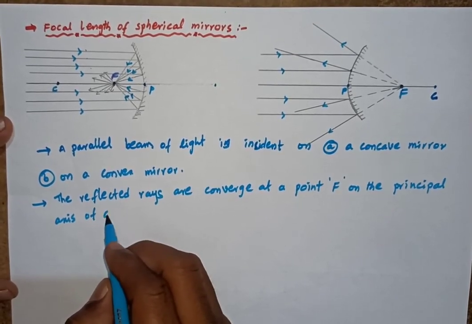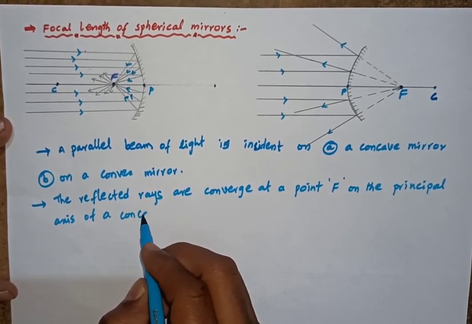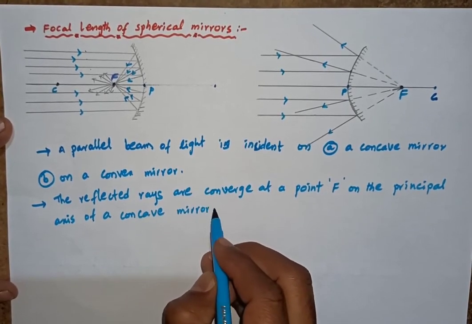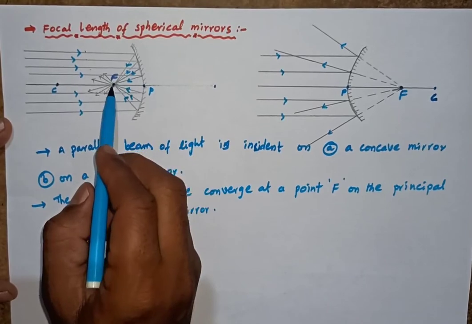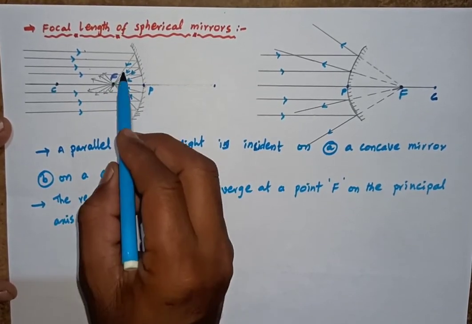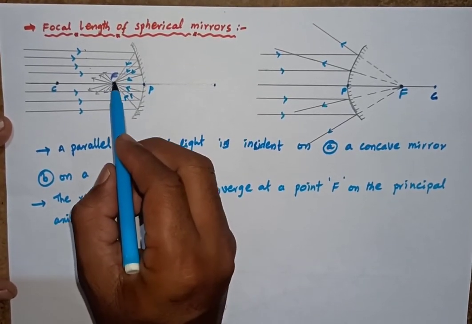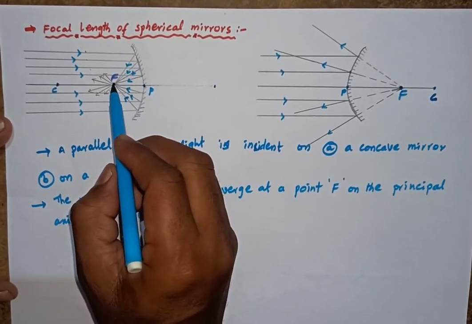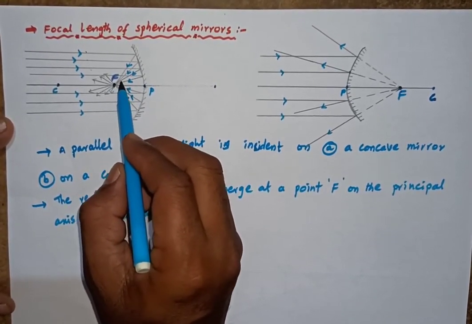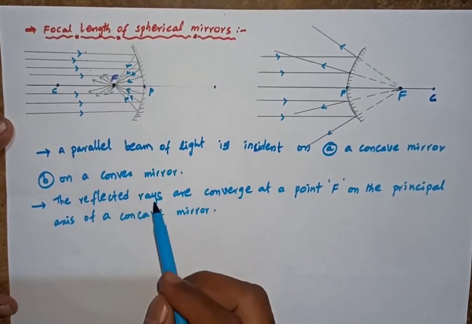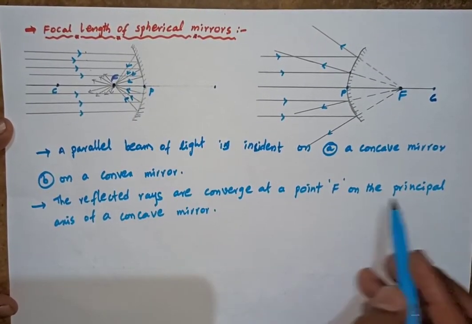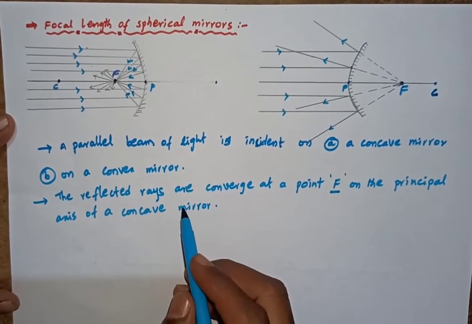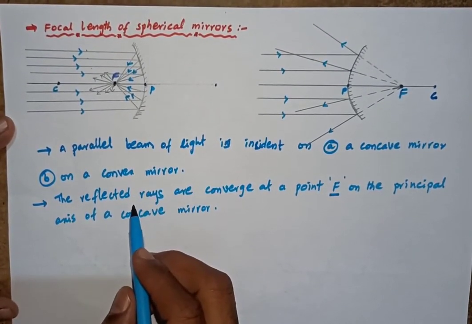These lines are reflected and converge. Converge means they meet at one place. At the converge point, F, which is the focus.